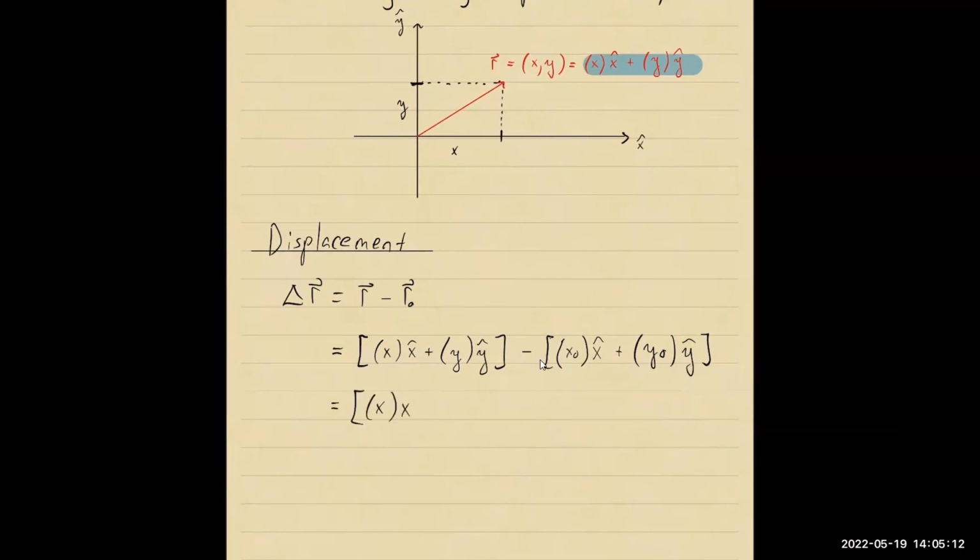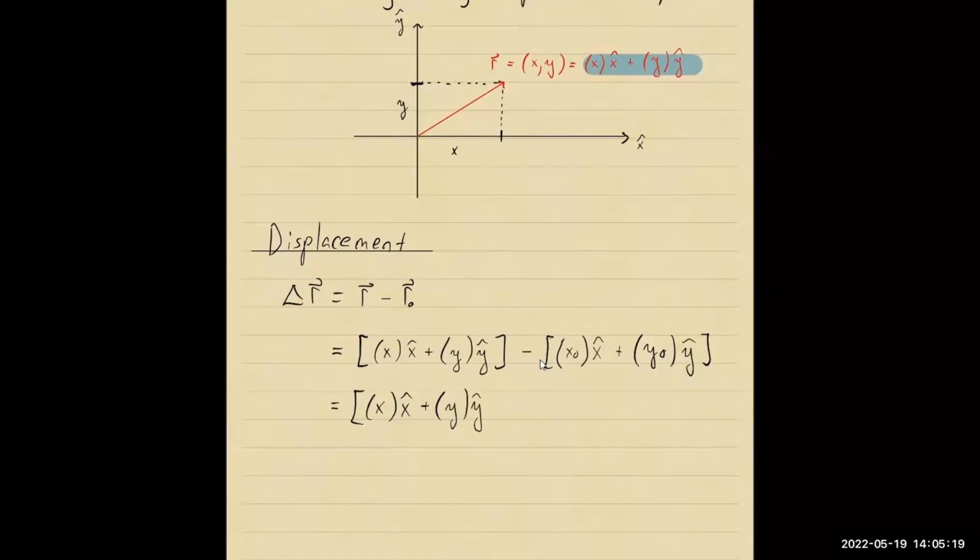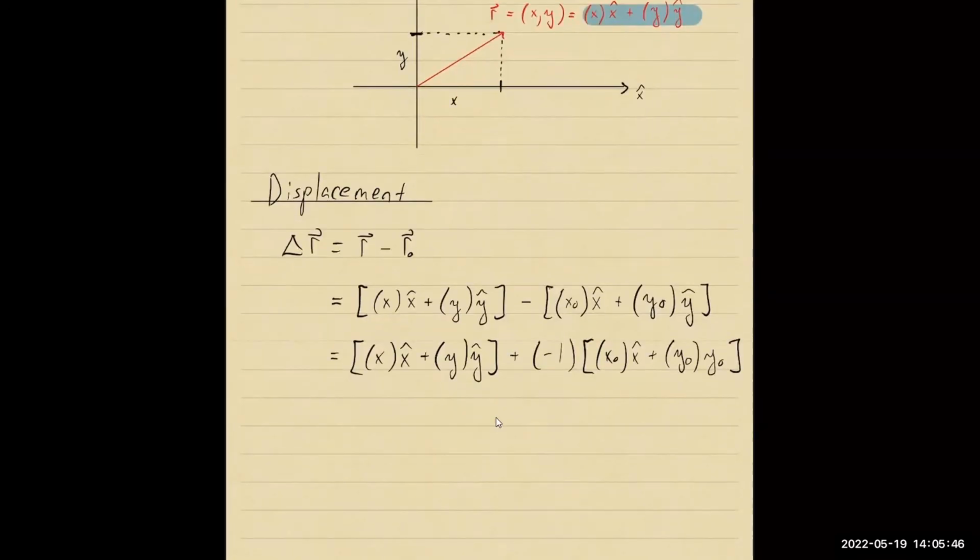So that's going to be some x amount in the x direction plus some y amount in the y direction plus -1 times the vector r naught, with components x naught in the x direction and y naught in the y direction. Right. And so we know how to multiply a vector by a number. We just take that number and we distribute it through to each of the components of the vector.